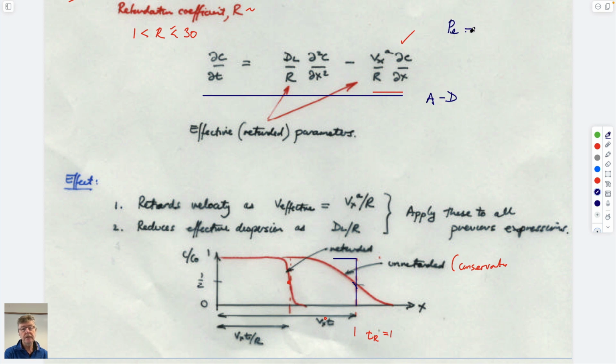The Peclet number is equal to the velocity times time divided by dispersion. If we see that the terms in here are pre-divided by these magnitudes, then velocity has to be divided by r, dispersion has to be divided by r, and so the effect is that the advective velocity is unchanged.